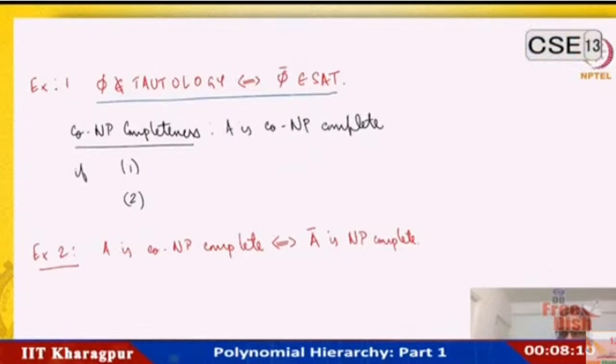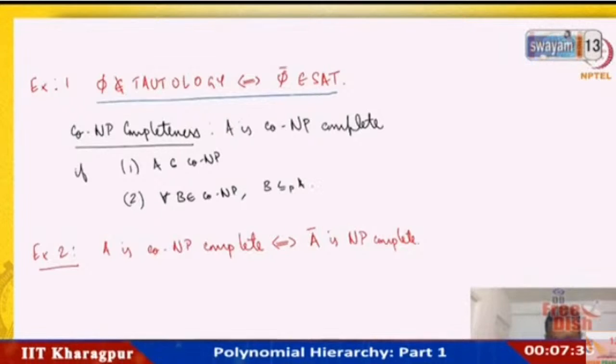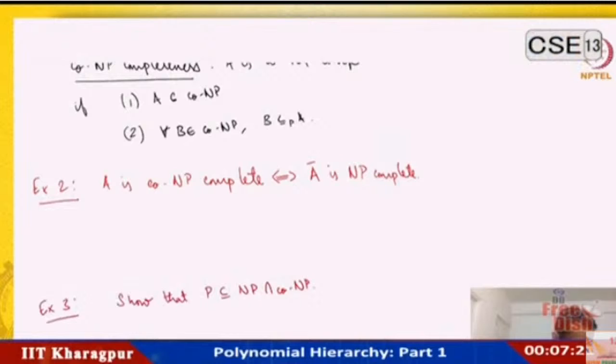A language A is CoNP complete if one, A is in CoNP, and two, for all B in CoNP, B is reducible to A. It is analogous to NP completeness, except that A should be a member of CoNP instead of NP, and all B in CoNP should be reducible to A instead of all B in NP, right?